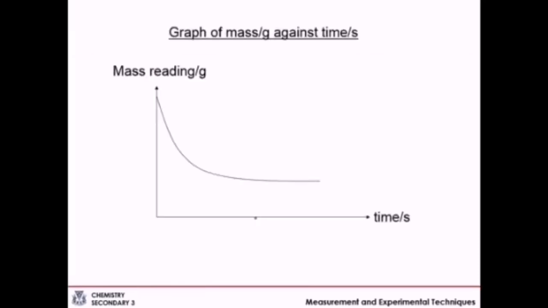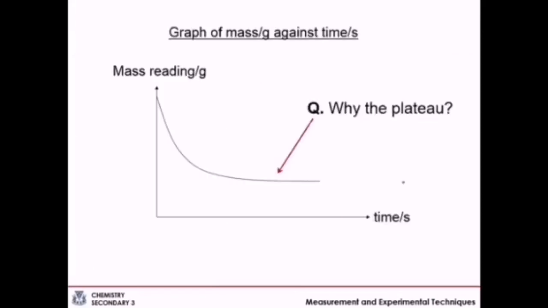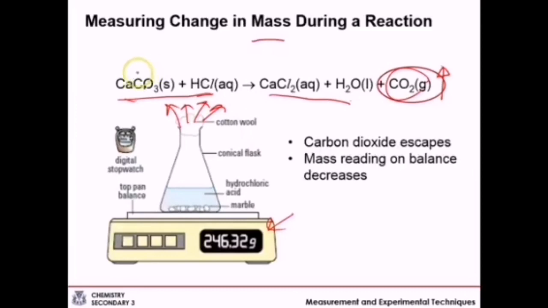We have a table where we are discussing the time, the mass reading, and the change in mass. At the first 0 seconds there is nothing, so we draw a graph of time against mass. We see that the graph reaches a constant value.